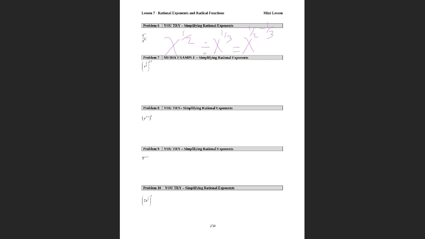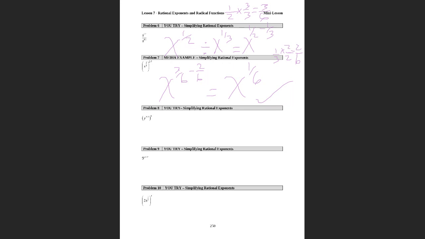So for x to the power 1/2, if I want to change that to have a denominator of 6, I do 3 times, which is 3/6. What about 1/3? I have 2 times, which gives me 2/6. So I'm going to have x to the power 3/6 minus 2/6, which gives me x to the power 1/6. I'm done.